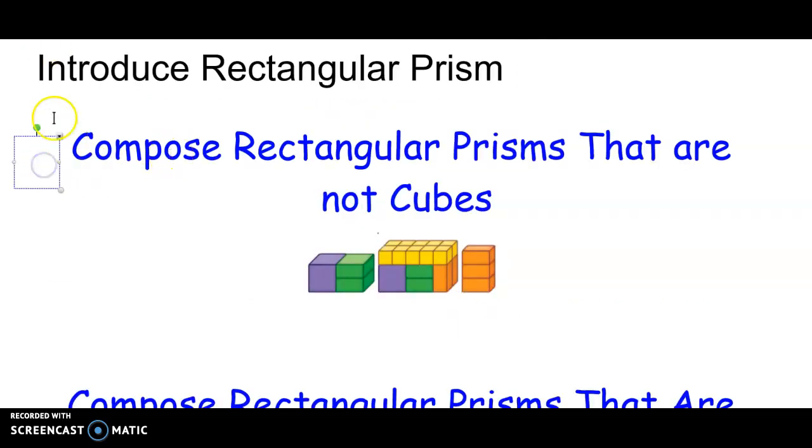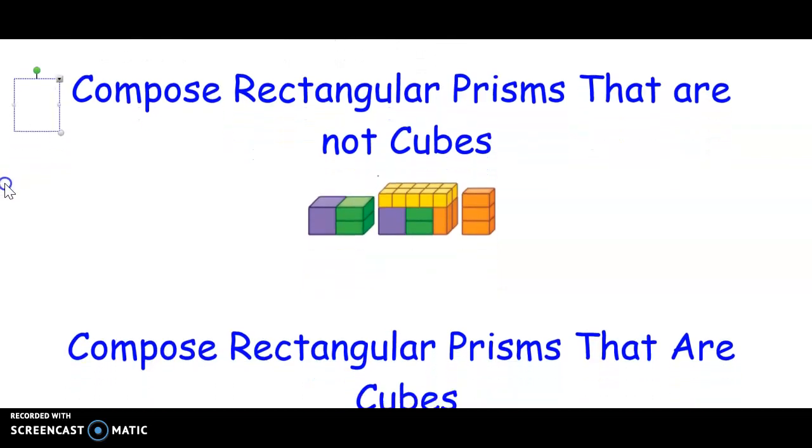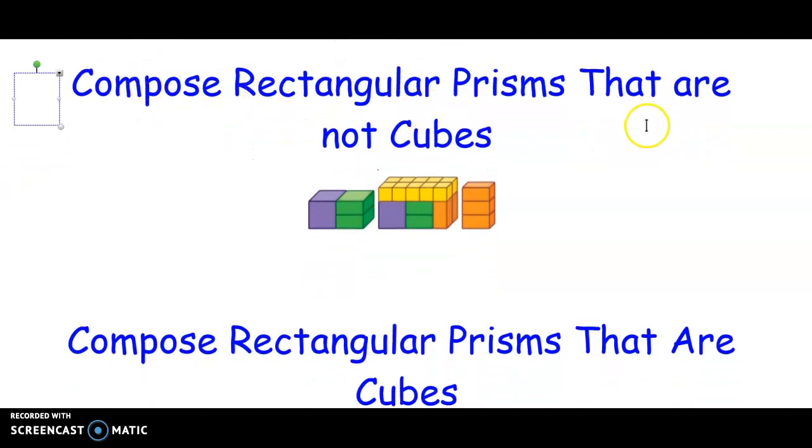All right, so then we have the rectangular prism, which we've talked about. And then I want you to practice with your shapes, making those rectangular prisms that are not cubes. So you can see here a few examples. These smaller rectangular prisms and cube go together to form a rectangular prism.